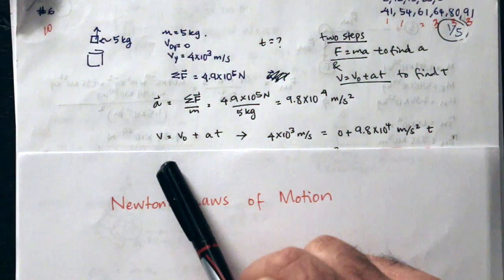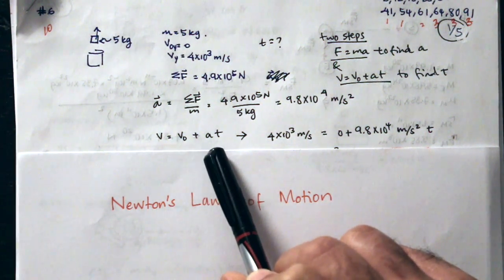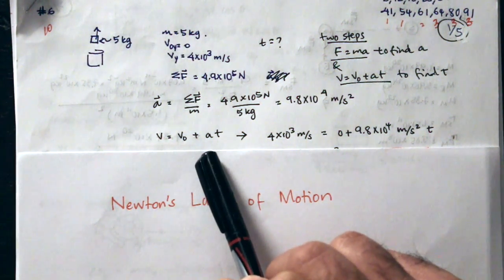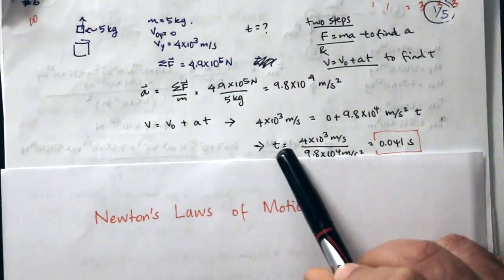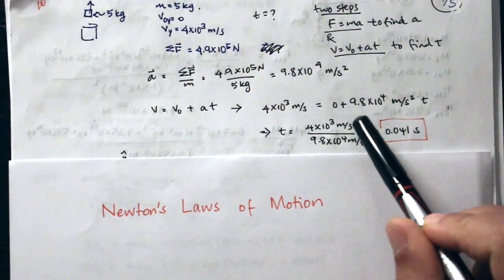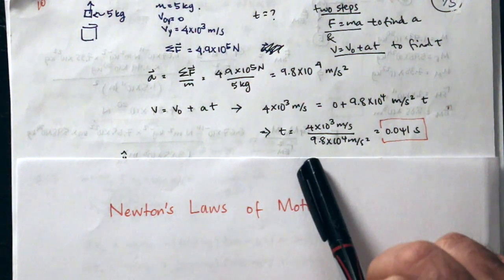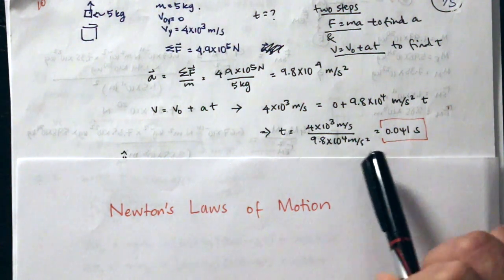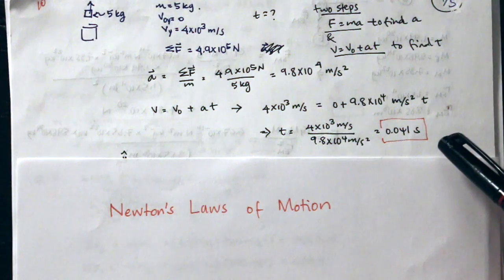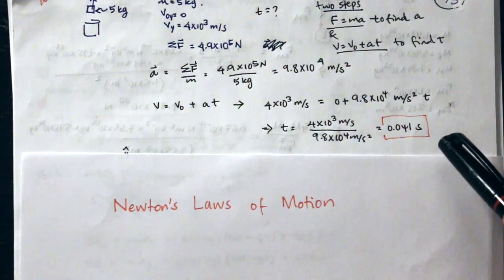The initial velocity is 0, so the time is going to be the velocity divided by the acceleration. So when you put those numbers in, it's 4,000 meters per second divided by 9.8 times 10 to the 4 meters per second squared, which gives me roughly 41 milliseconds.